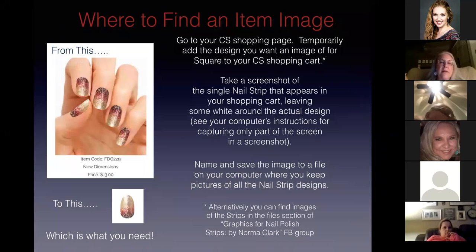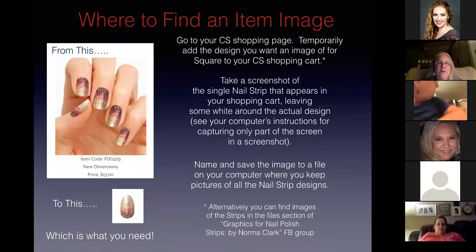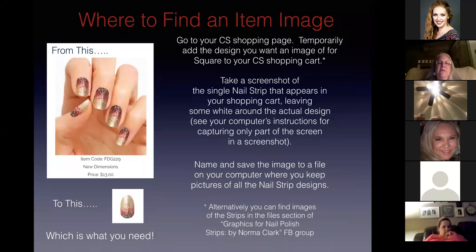If you take it up too close, it'll fill up that little gray box in your Square, and it'll be kind of hard to see. So leave some white around it and see your computer's instructions for capturing only part of the screen in a screenshot. It's usually pretty easy.